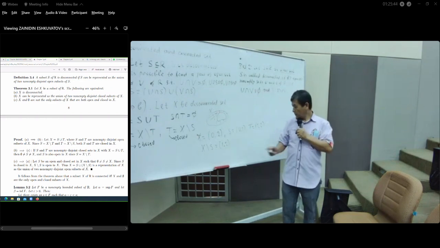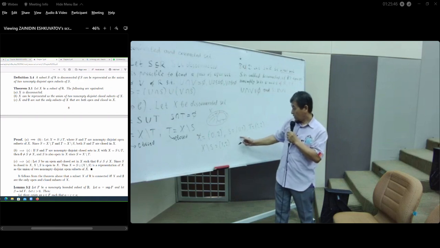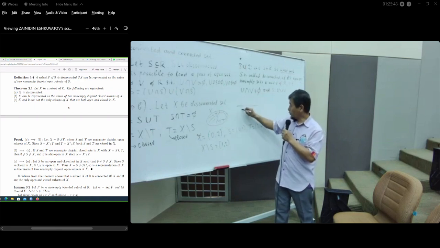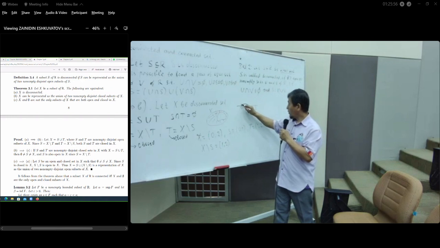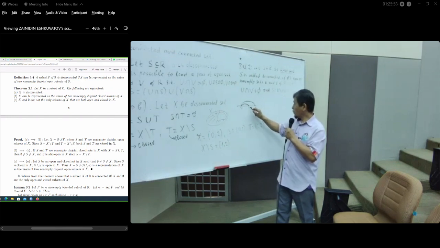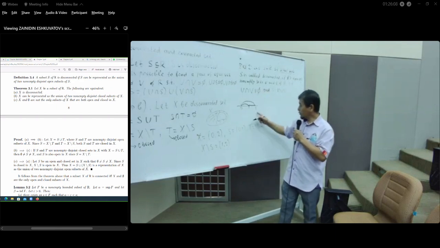Half closed, because from 0 to 2, I am subtracting 0 to 1 from all. So 1 is not included, and we have 1 to 2.